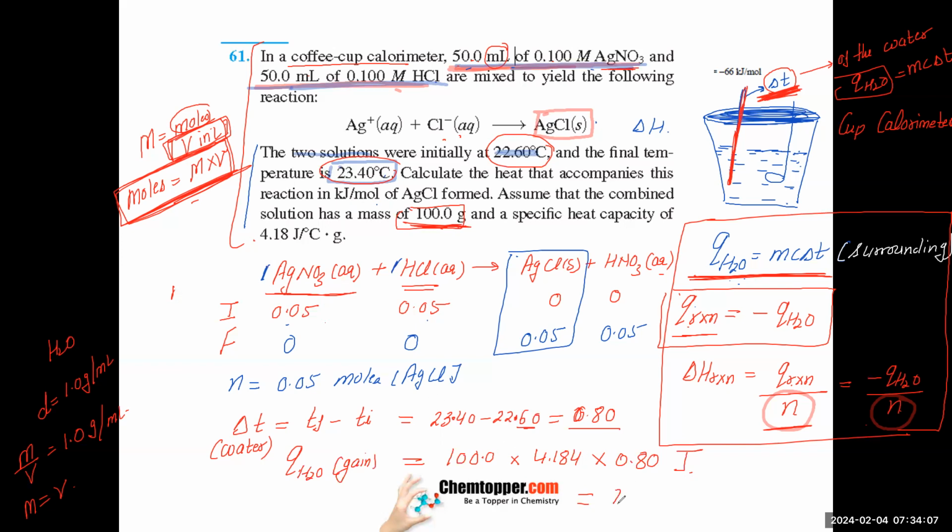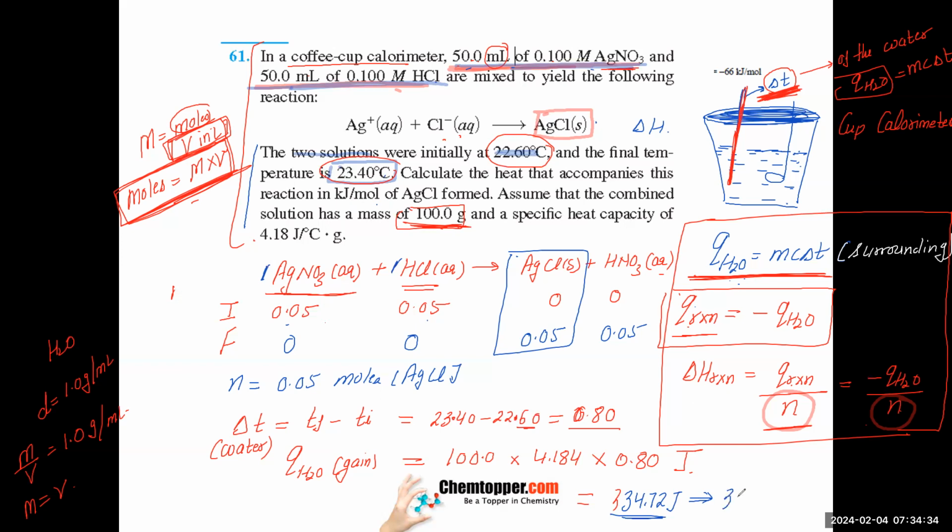So I'm getting 334.72 joules. I had to put it in two significant figures, but that's not the final answer. The final answer is delta H, so keep it like this only.